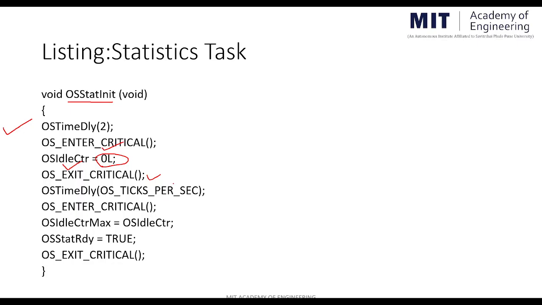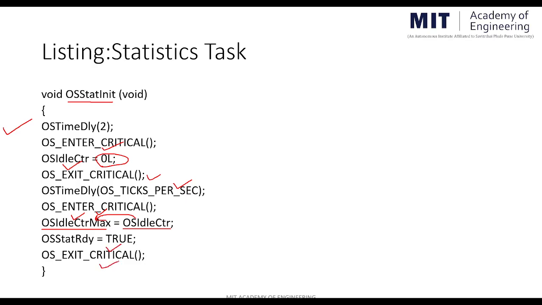And then the OS time delay is calculated by the OS ticks per second argument. Again OS_ENTER_CRITICAL, and OSIdleCtr's value is taken into the OSIdleCtrMax value. So the maximum value from the idle task is taken by the statistic task, and OSStatRdy is set to true.